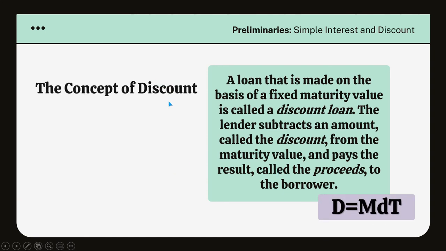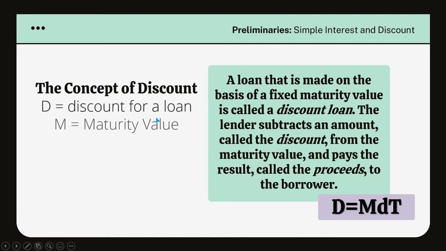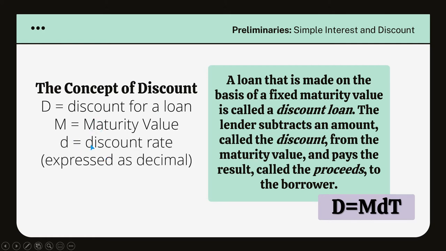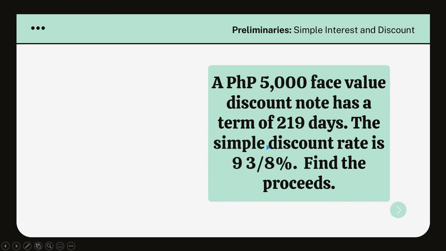So the concept of discount again, the capital D is discount for a loan. The M is the maturity value, and the smaller letter d is the discount rate, which is expressed as a decimal in computations, but usually it's going to be expressed in percent in problems, and the T is term for the loan.